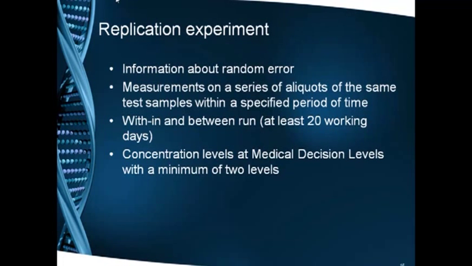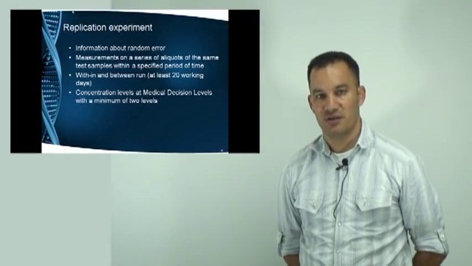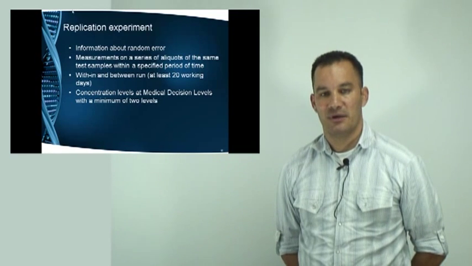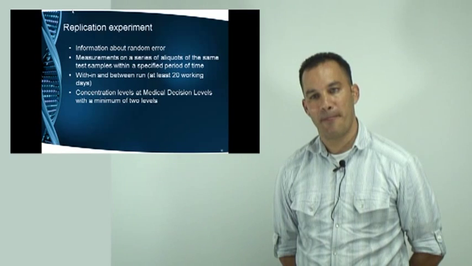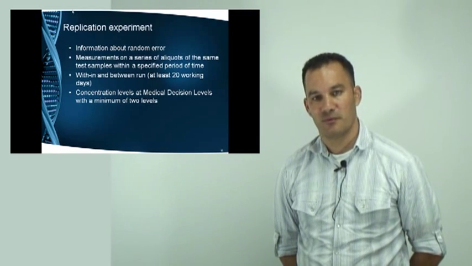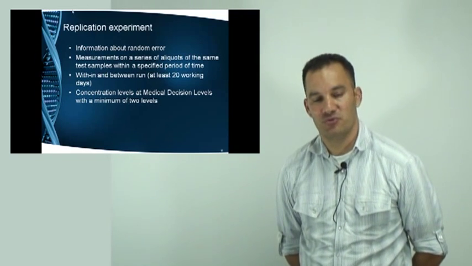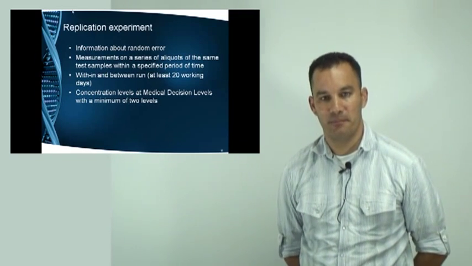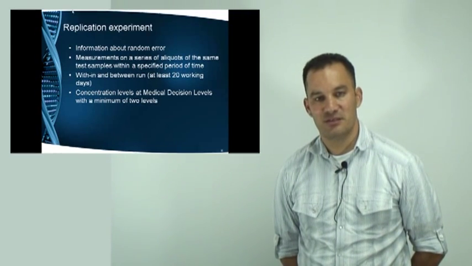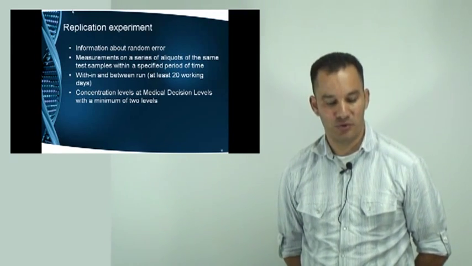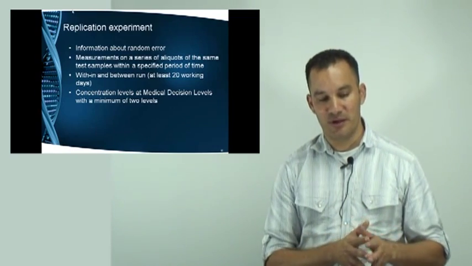Within day: on the same day, same medical technologist, same batch, they will run a sample, usually 2 levels, 20-fold. Sometimes I see them running them 10-fold. Usually that also gives a good indication. In the United States, it's usually that it should be done 20-fold, that each level has to be measured 20 times.